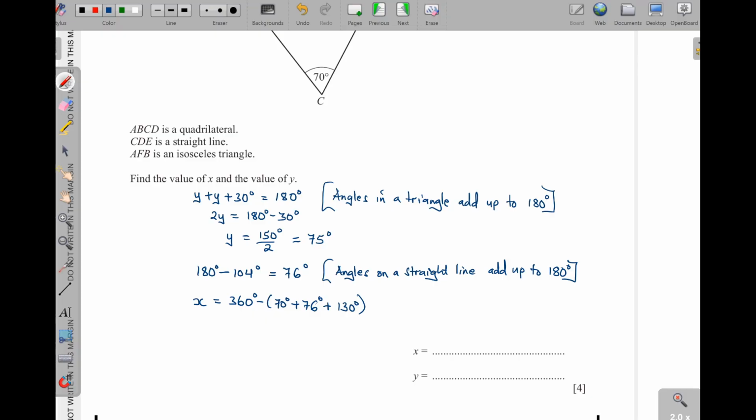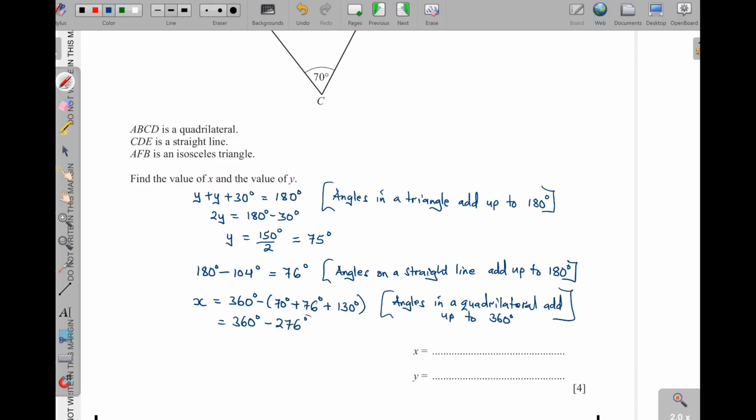Angles in a quadrilateral add up to 360 degrees. Here, 130 plus 70 will be 200, then plus 76 is 276. So we have 360 minus 276.